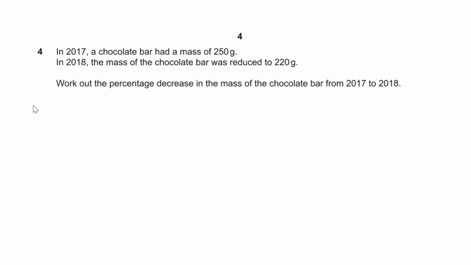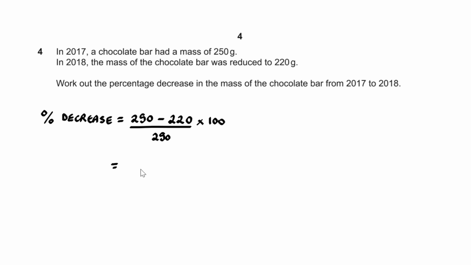So, the percentage decrease, that's equal to 250 take away 220 divided by the original 250, and then we multiply this by 100.